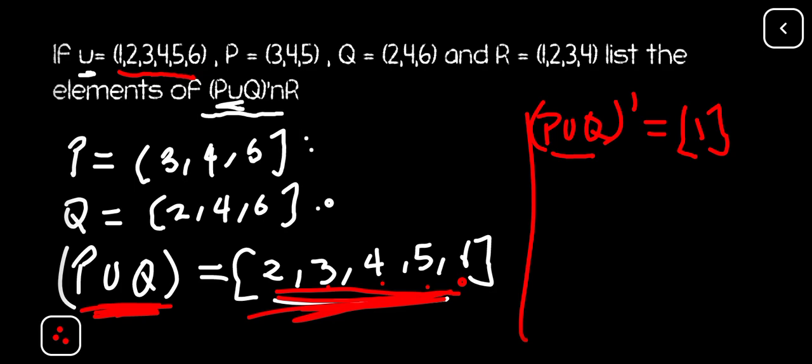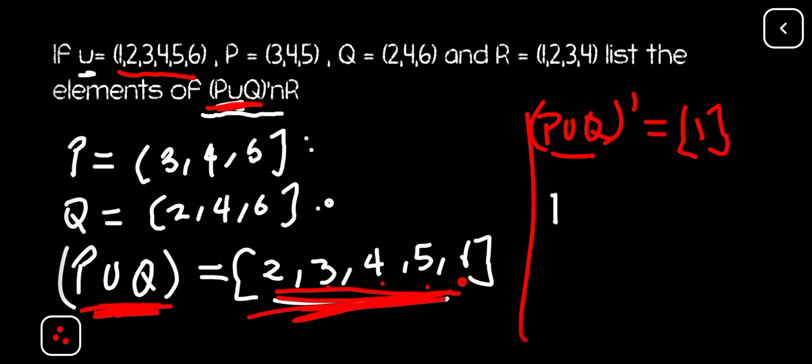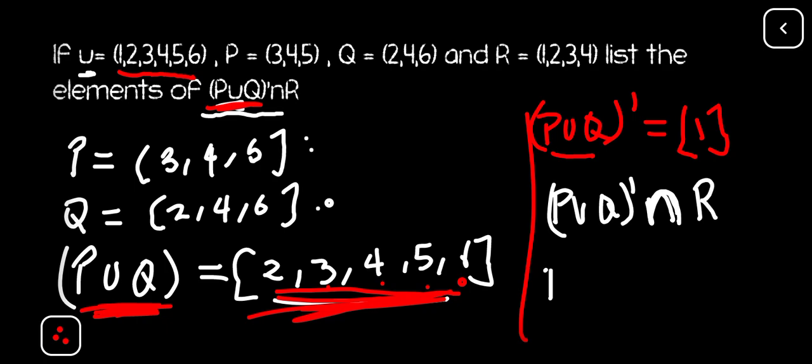So we've gotten this first part here, P union Q complement. But remember, the question says directly that we need to find P union Q complement intersection. Remember that symbol? Intersection R. All right. Now, what is R?